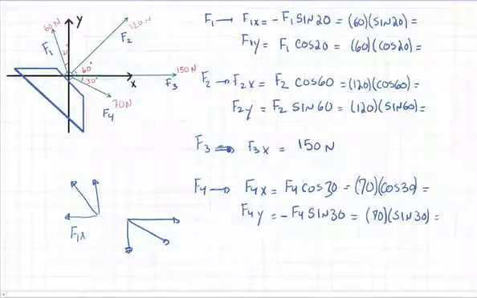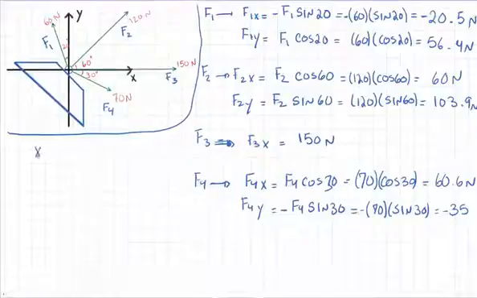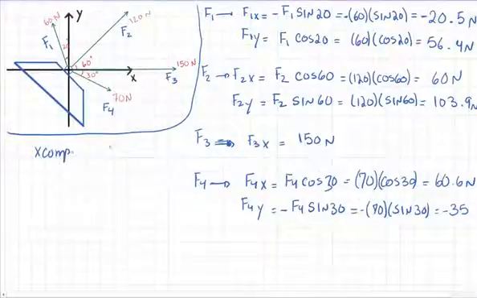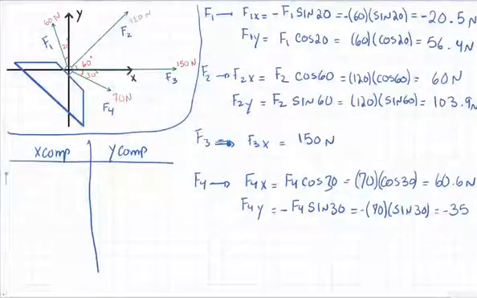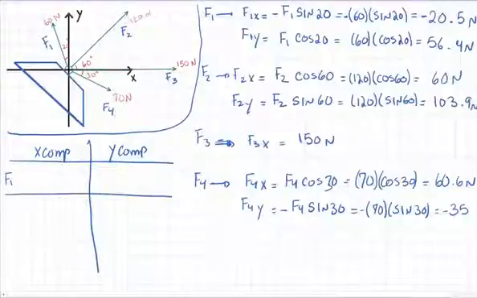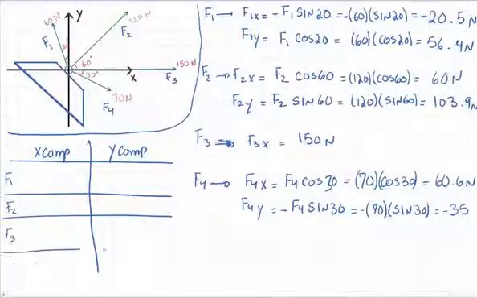Now that I've calculated all the values of my component forces, I'm going to make a small table of x components and y components, and put all my values in so I can add them in an organized fashion. So I have F1, F2, F3, F4.